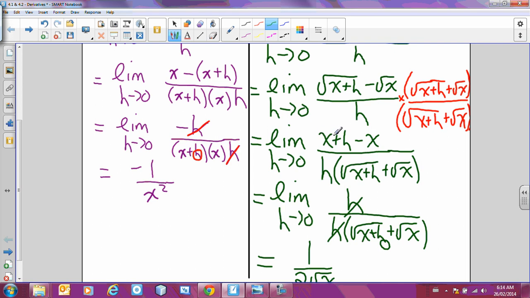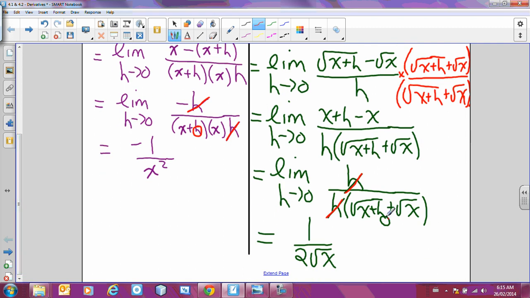So we have x plus h minus the second term squared, which is just the x. Again, the x's subtract out as they always have. We have to end up with just terms with h in the numerator. And then my h's divide out. I sub the 0 in for this h, and I have 1 left on top, and I have a root x plus root x, or 2 root x's on the denominator. Okay, so we'll come back to that momentarily.